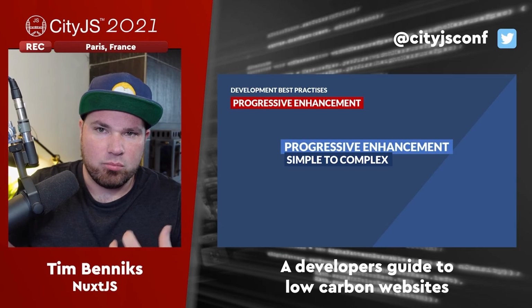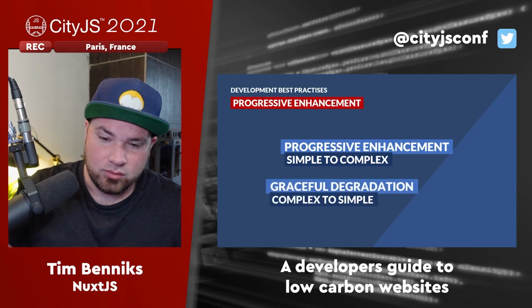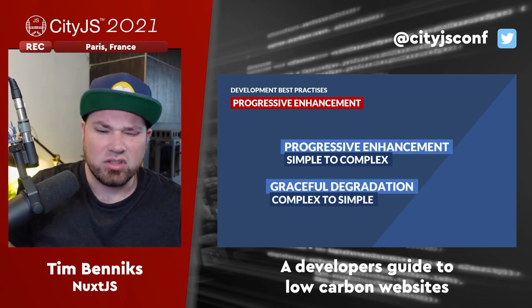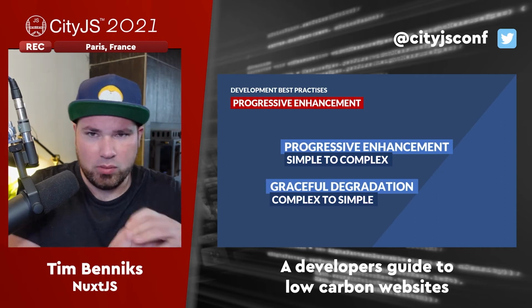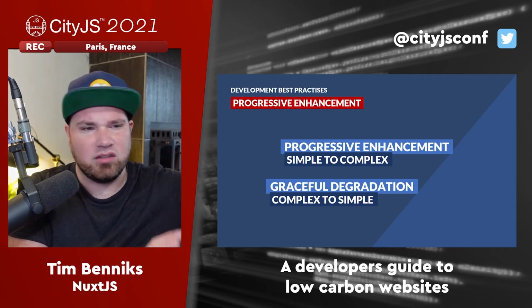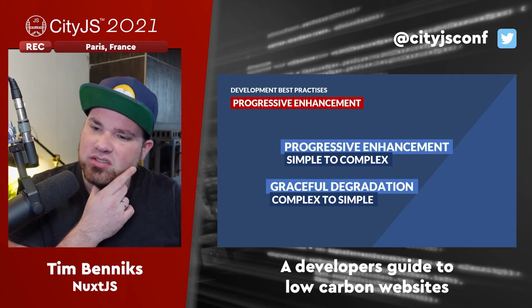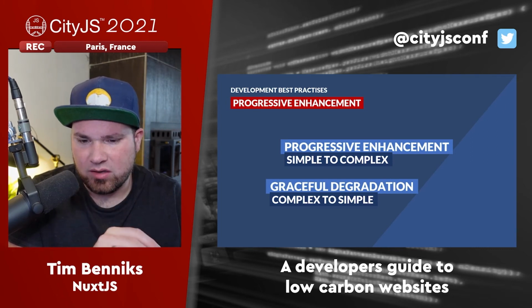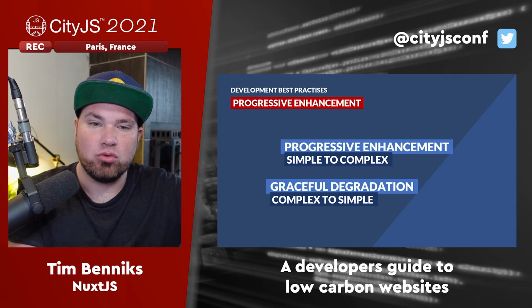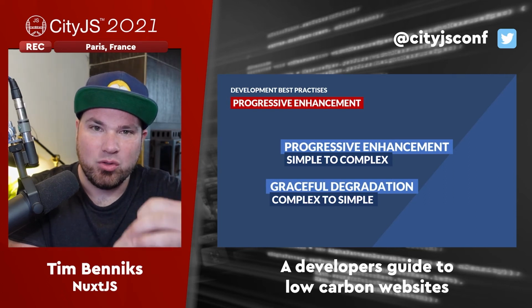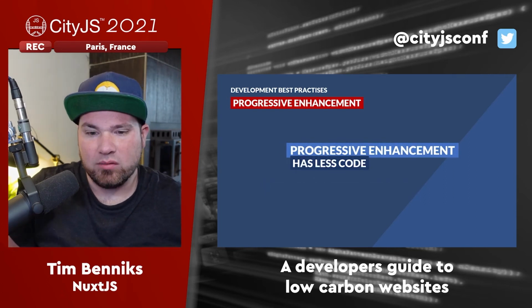So that's kind of the approach that I think you should be having, because you also have graceful degradation, which is basically you build your blue sky fish and everything is amazing. You build everything in and then you realize, oh, this browser doesn't do that properly, or this phone doesn't have that. So let's add some code to make it not happen. And you probably know where I'm going with this, right?